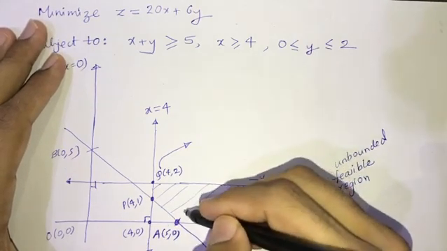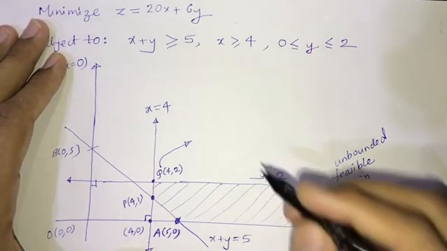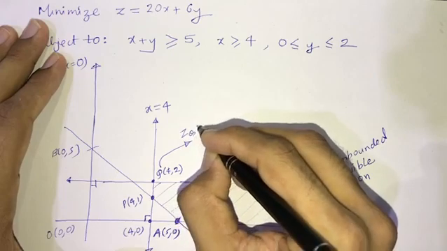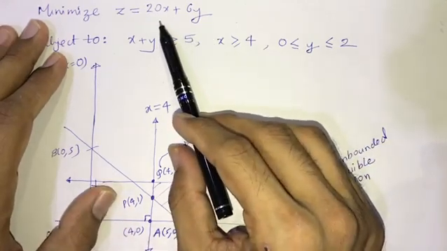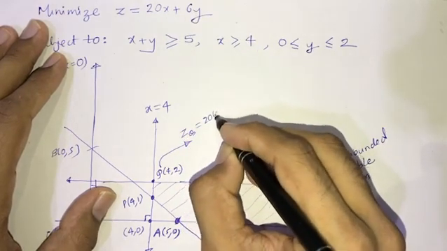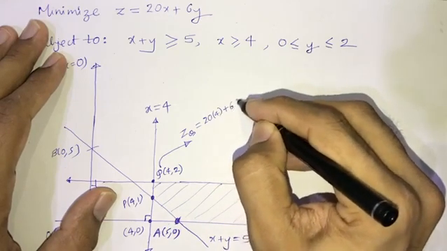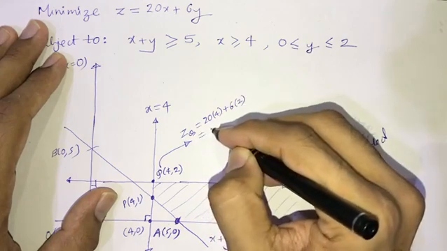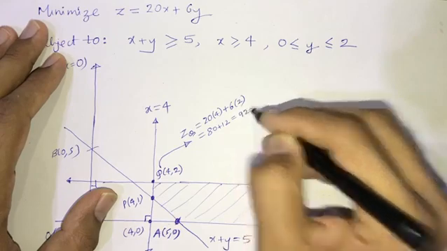Corner points पता चल गया है, APQ है. So I'm straight away writing the values of the objective function Z at Q. You can say Z is 20x plus 6y. So we are going to get 20 into 4 plus 6 into 2. 80 plus 12, that is 92.